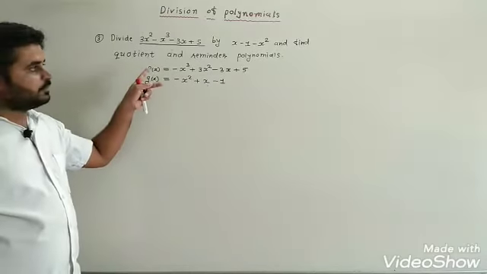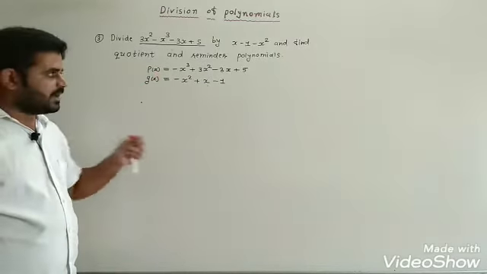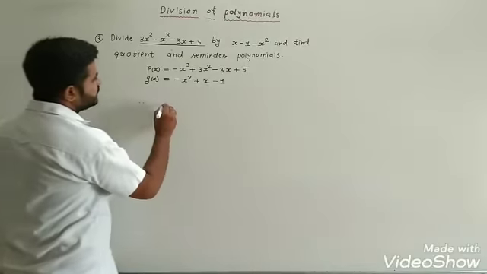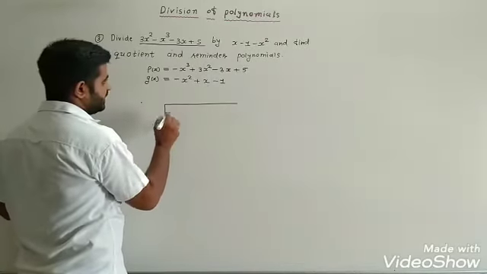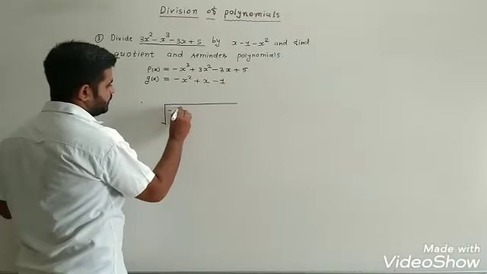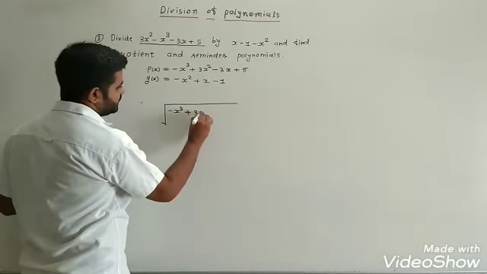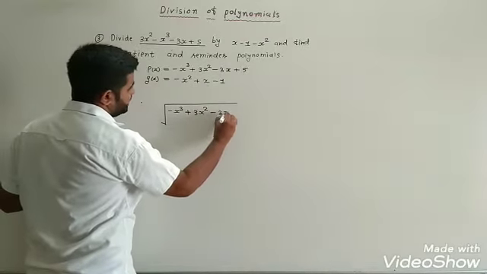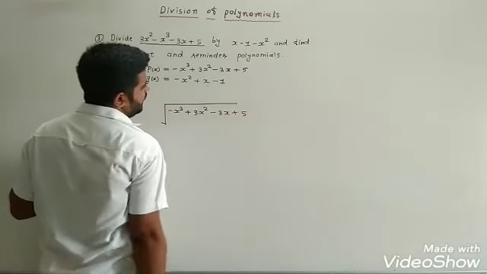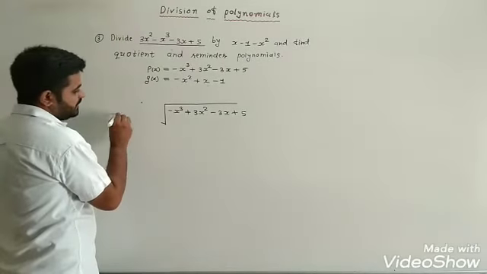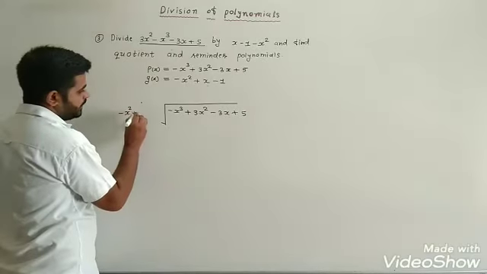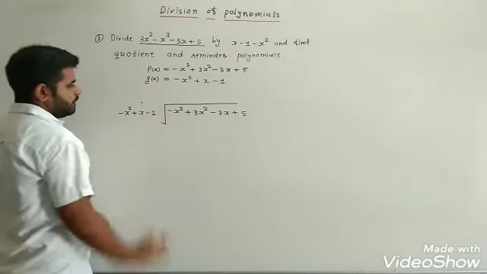Now we have to do the division: minus x cube plus 3x square minus 3x plus 5, and this is the divisor, minus x square plus x minus 1.